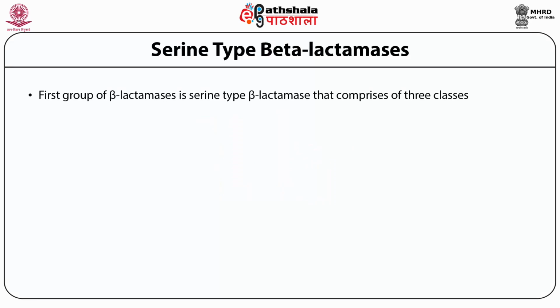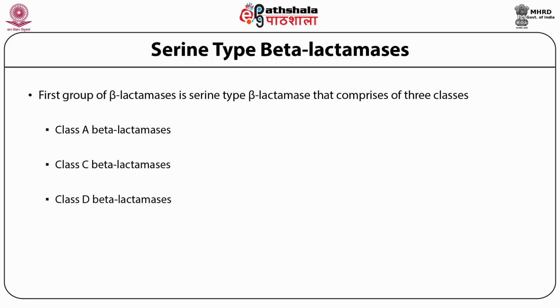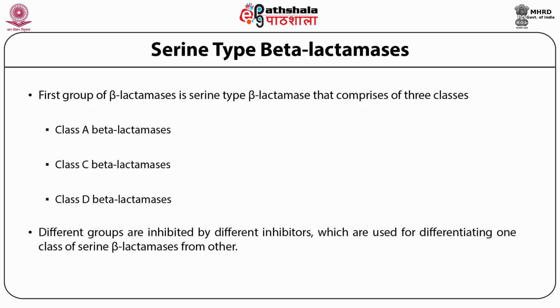The first class of beta-lactamases are the serine type, comprising class A, class C and class D beta-lactamases. Different groups of these beta-lactamases are inhibited by different inhibitors, which are used to differentiate one class of serine beta-lactamases from another.